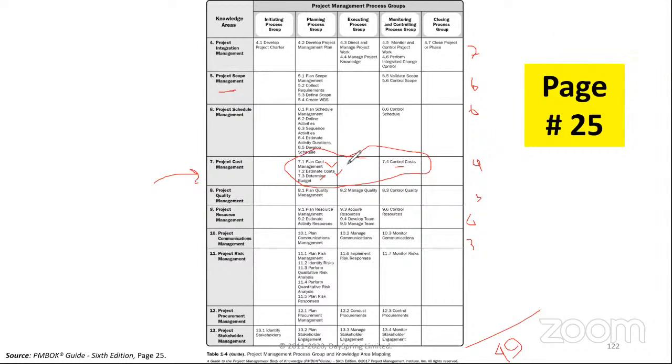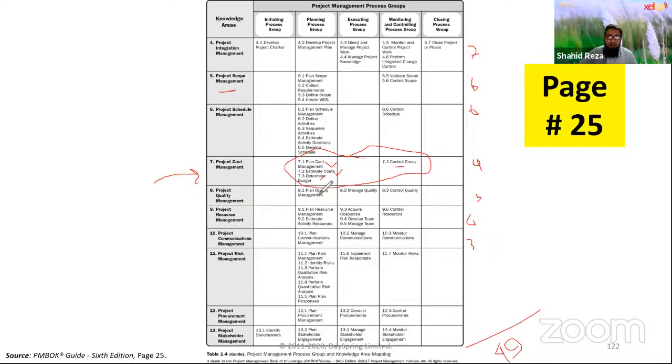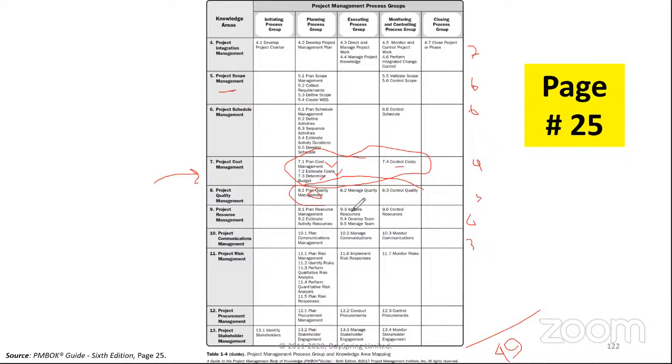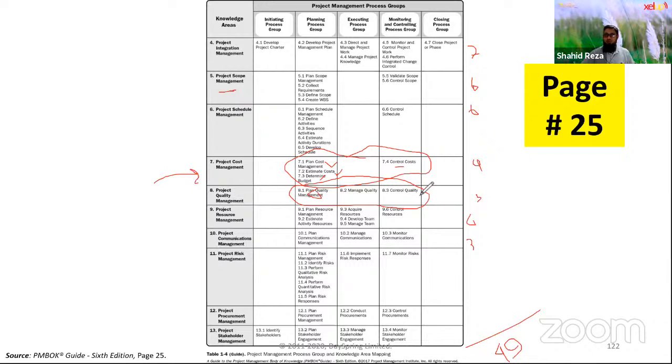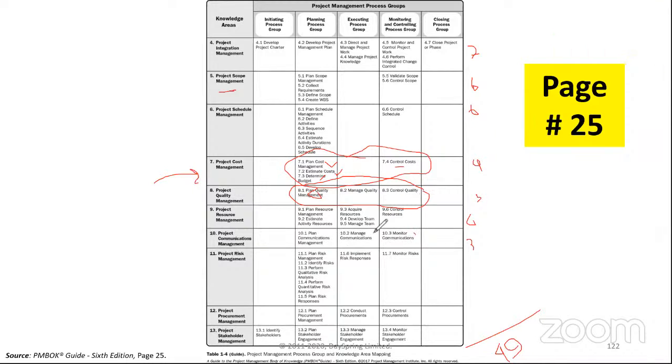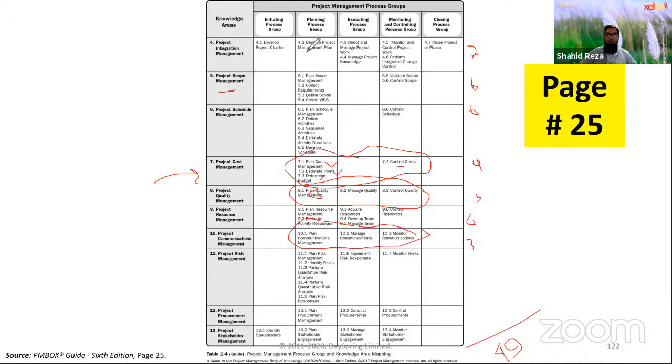Then when we are talking about quality, this process is talking about quality of the project. So I am going to show you a very important concept here. When we are talking about communication, all 3 processes are focused on the communication part of the project.